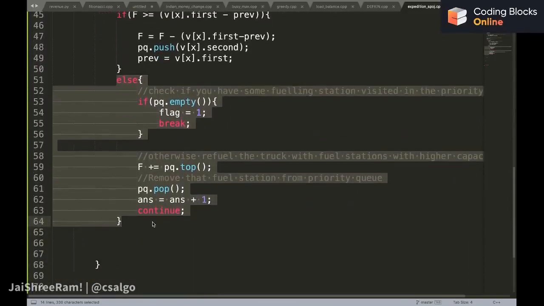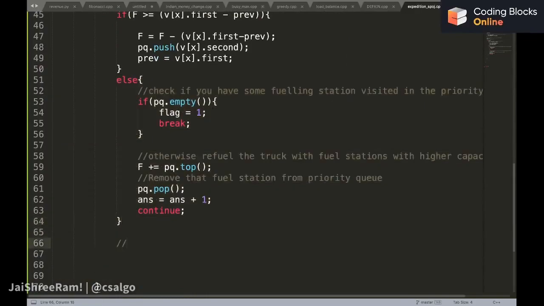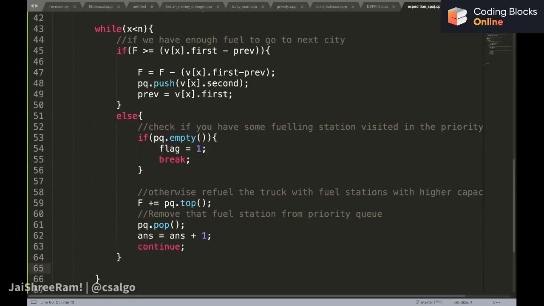Okay, so at this point, it is also possible that we may need more than one refuel. Let me just make this statement more clear.